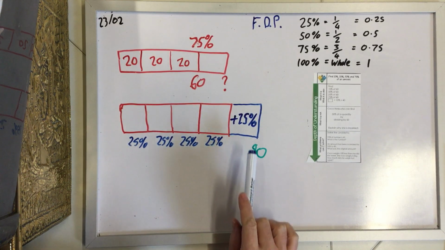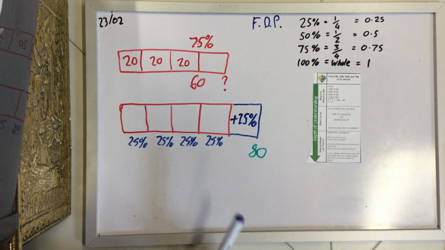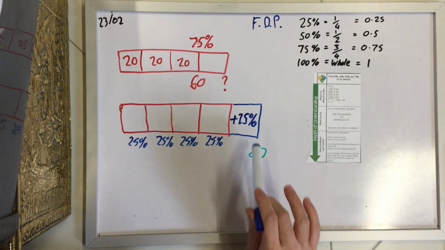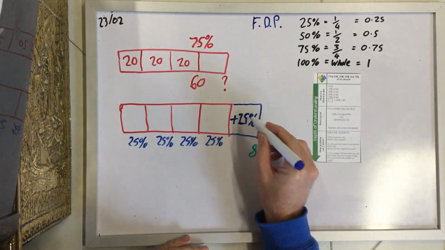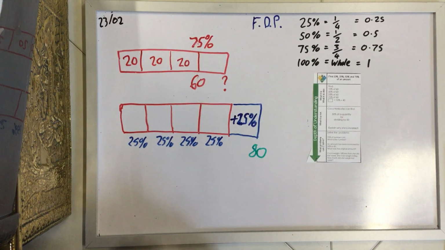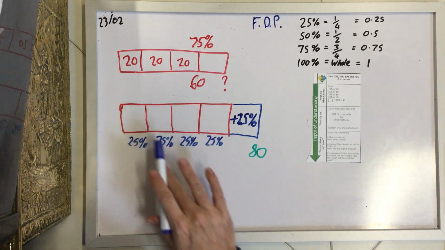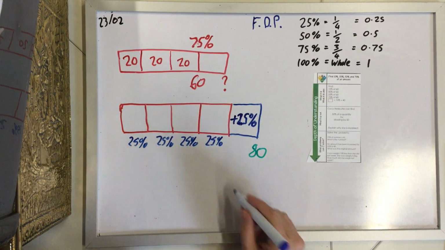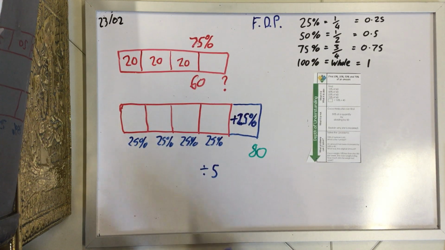We've got 80, but we haven't got 4 parts, have we? No, because it's already been increased to 80, so an extra 25% got you to 80. By working back from here, dividing it by how many of these parts you've got, that will bring you back to what each one is worth.